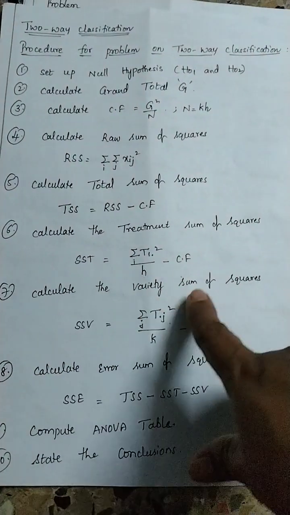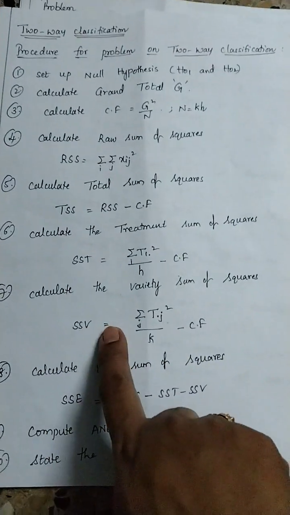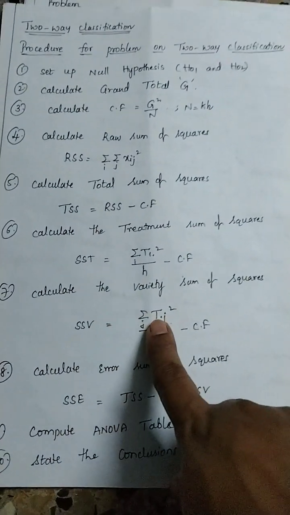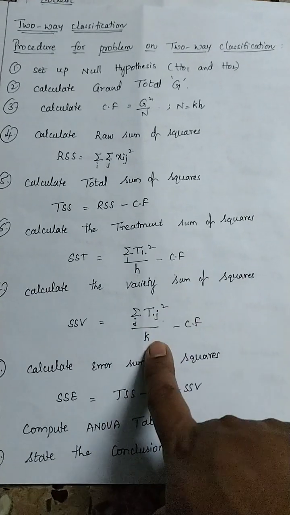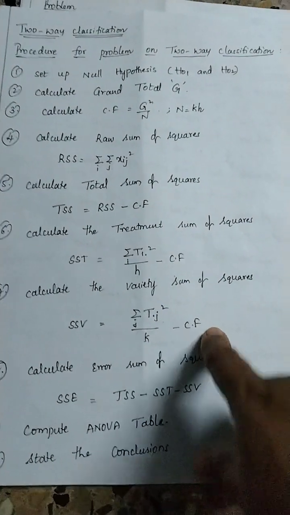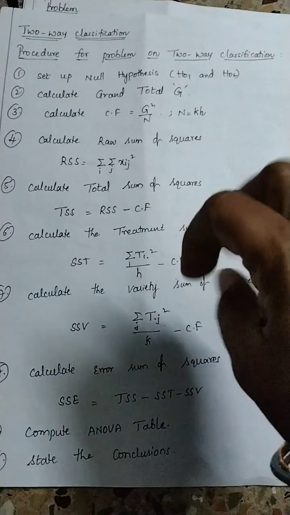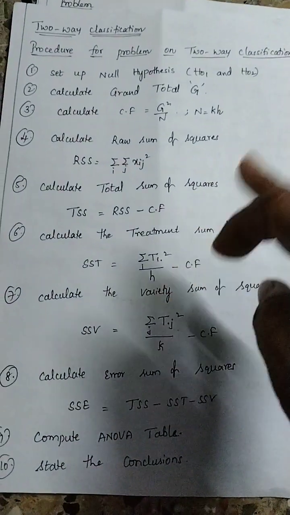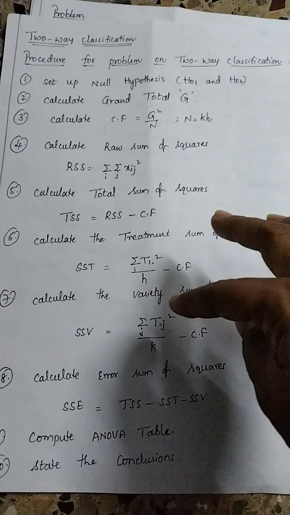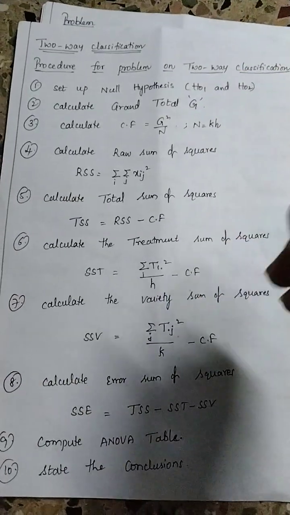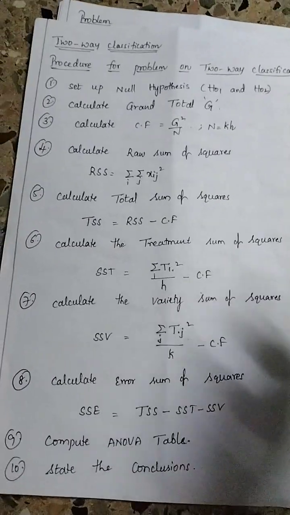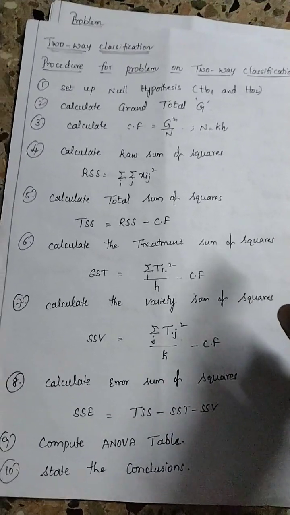Now calculate the variety sum of squares, that is SSV. SSV is equal to summation T dot j square by K minus correction factor. You may take rows as varieties and columns as treatments, or rows as treatments and columns as varieties. That is your wish; you have to decide based on the question.